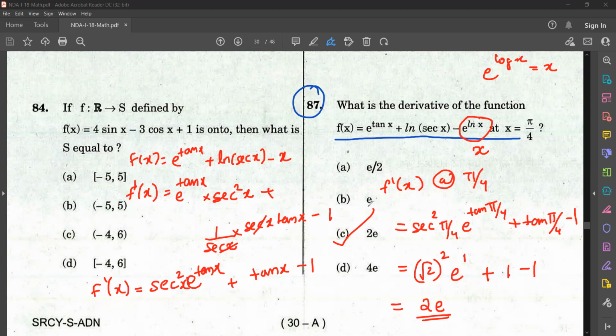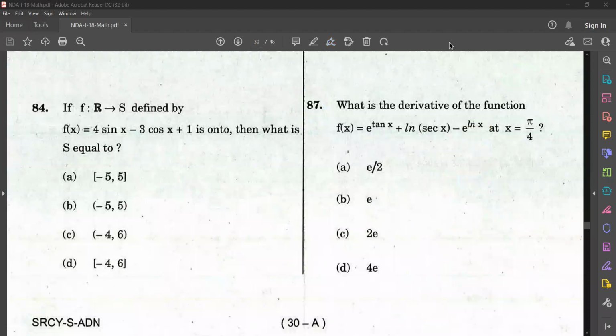Okay, let's go to the next question. For the 87th question, answer was 2e.